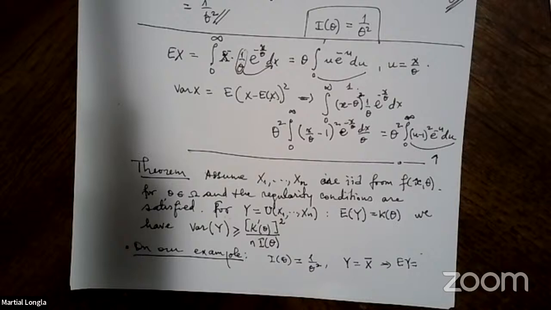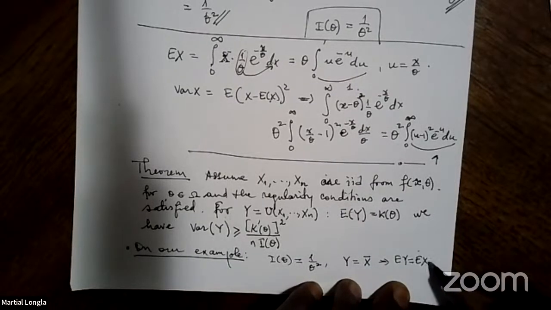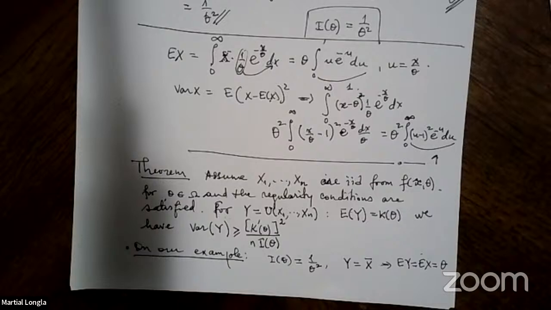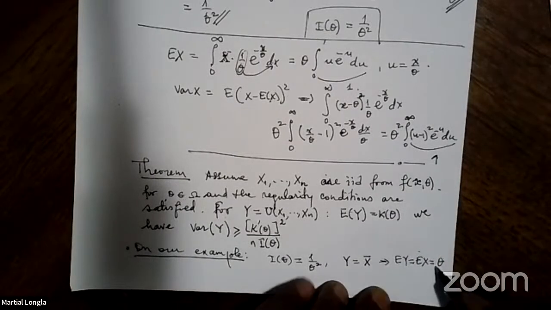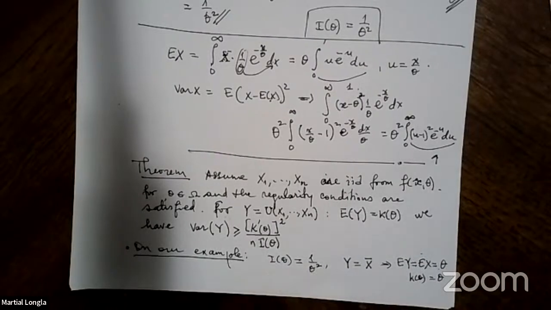The mean of the sample mean is always equal to the population mean, so it's always equal to the expected value of x. And the expected value of x, we computed it up there. It's theta. So this is the k of theta of the theorem.